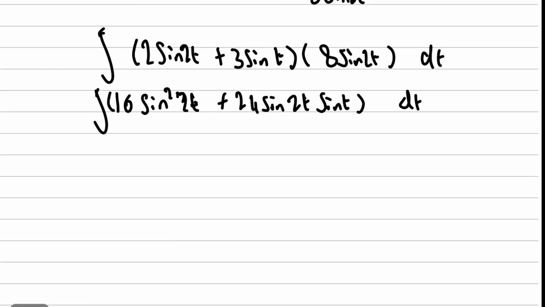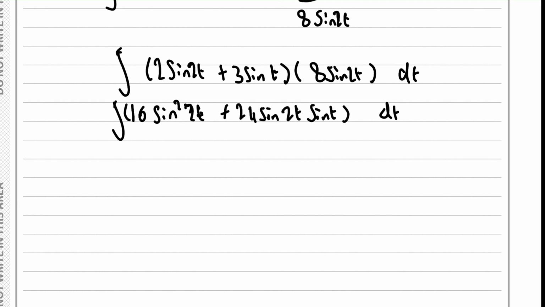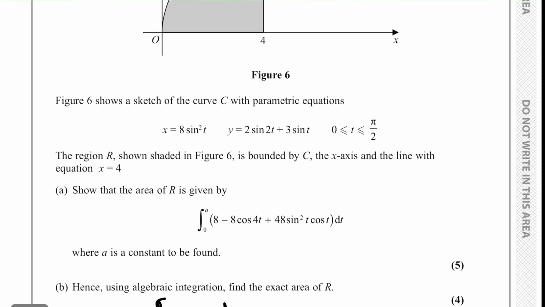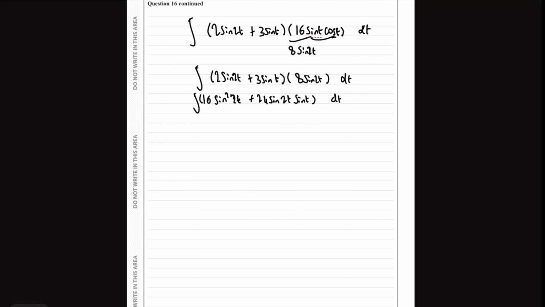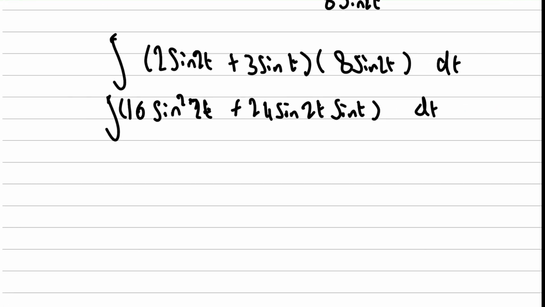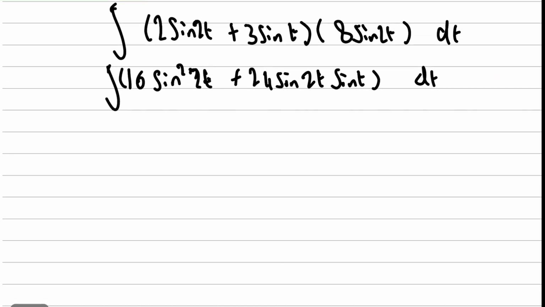Now the sine squared 2t, we want cos 4t somehow from that, right? So we're going to need to use the double angle formula for cos now. So double angle formula for cos 2t is, which one involves sine? It's going to be 1 minus 2 sine squared t.